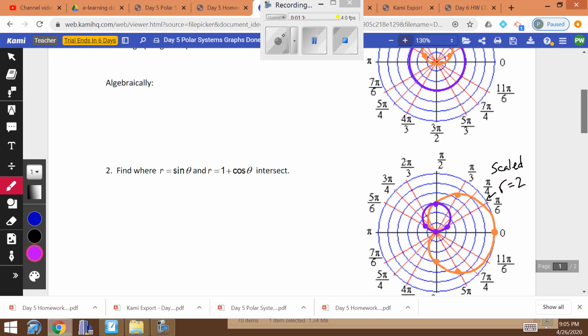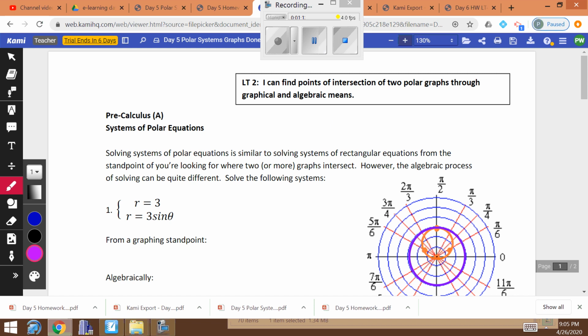But what's going to end up happening here is you're going to want to see these systems graphically and algebraically. There are a couple of reasons for that. Once you get to calculus, it's one of our rules in calc that graphs are not sufficient in proving and justifying a solution to a system.